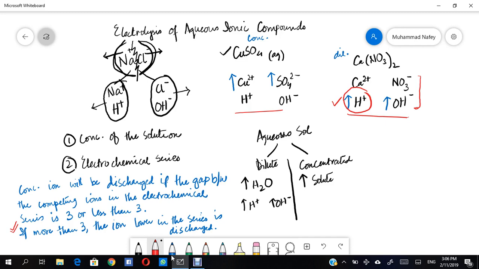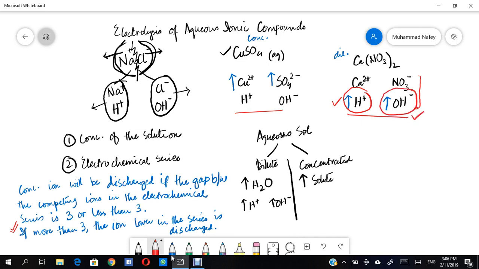Fluorides, most difficult to discharge, followed by sulfates, nitrates, chlorides, bromides, iodides, and then hydroxides. So we can see that the gap between nitrate ions and hydroxide ions in the electrochemical series is more than 3. Therefore, the second clause comes in, that is, the ion lower in the electrochemical series is discharged, and therefore hydroxide ions will be discharged.